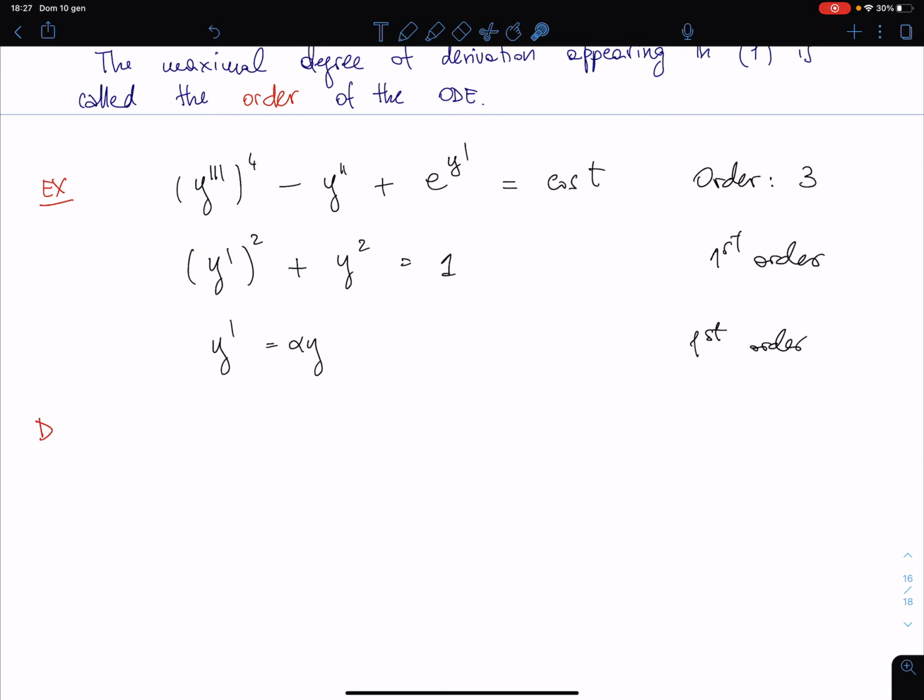Another definition which is very important is the following.